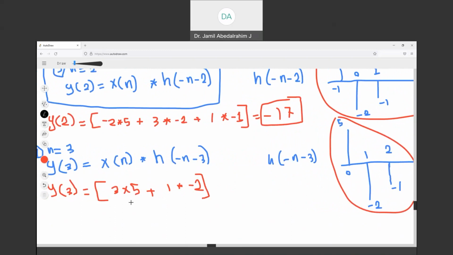So 15 minus 2 equal 13. This is when n equal 3.